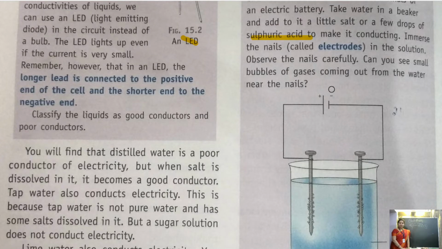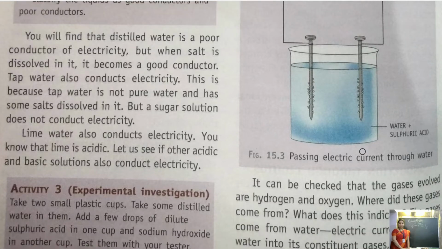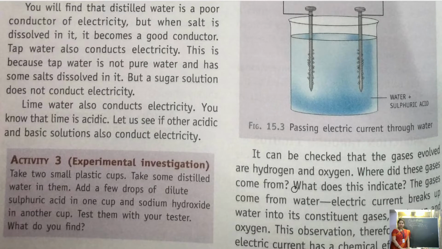एक नेल के टर्मिनल को हमने पॉजिटिव से अटैच किया, दूसरे नेल को हमने नेगेटिव से अटैच किया. After some time we will observe the bubbles evolved around the nail. So what is that bubble? That bubble is nothing but the gases evolved, hydrogen and oxygen. Alright.